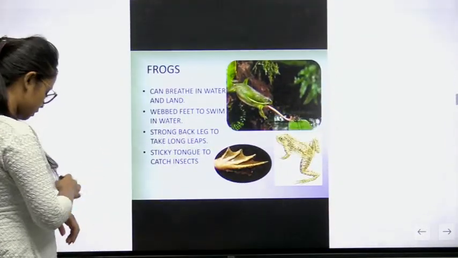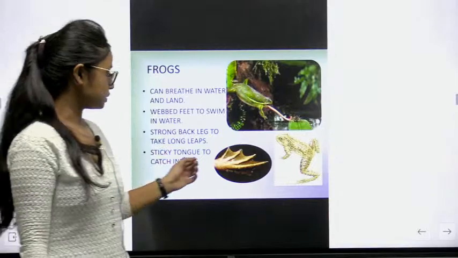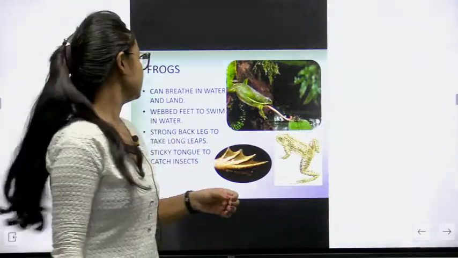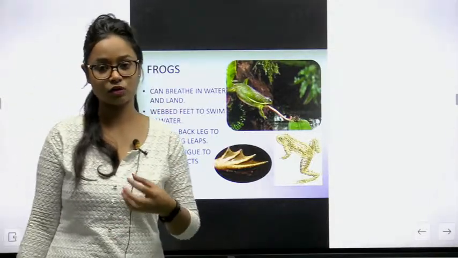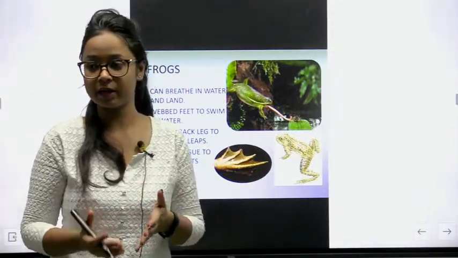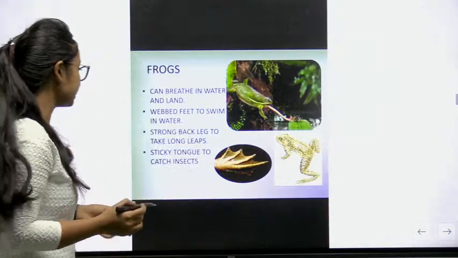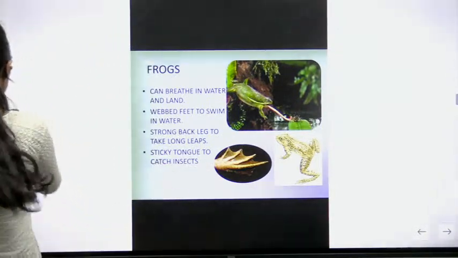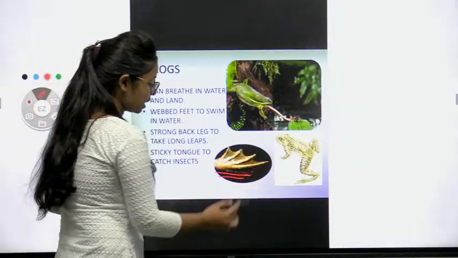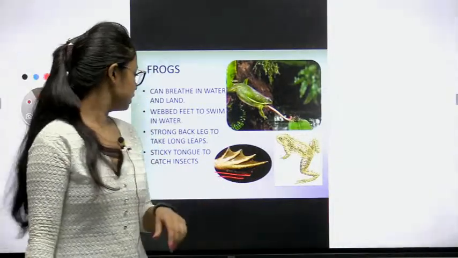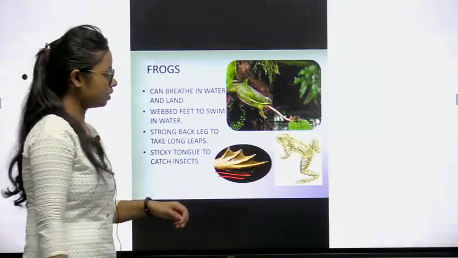Now if we talk about frogs, frogs are also aquatic animals. They can breathe in water and also live on land. You all know they live in water as well as on land. Secondly, they have webbed feet so that they can easily swim and jump.